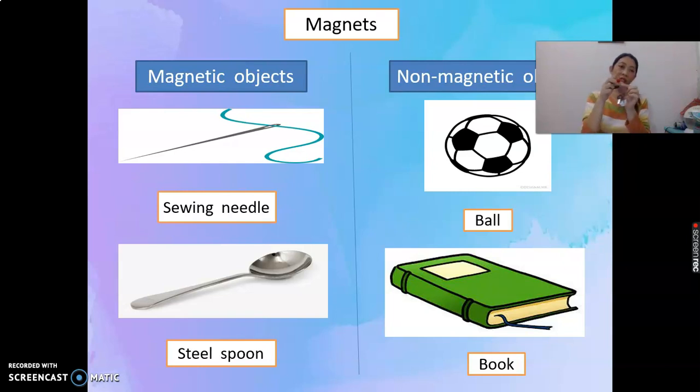Magnetic object examples are sewing needle and steel spoon. Non-magnetic object examples are ball, book, and table. Again, we have two: magnetic objects, and these are the examples, and non-magnetic objects, and these are the examples.